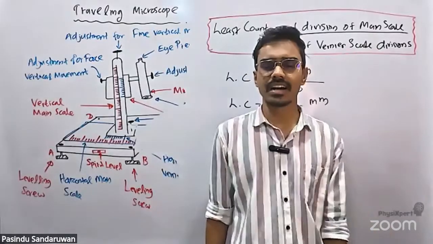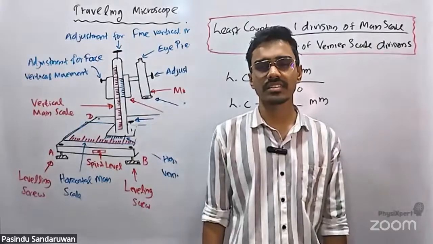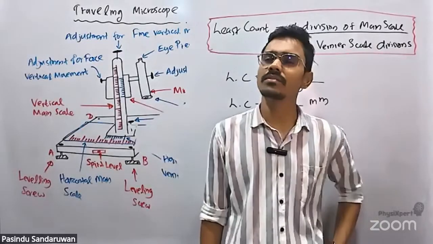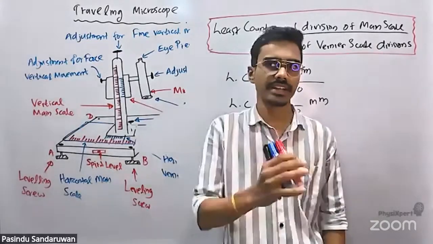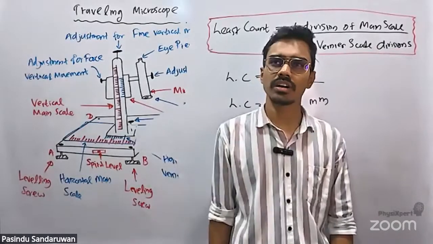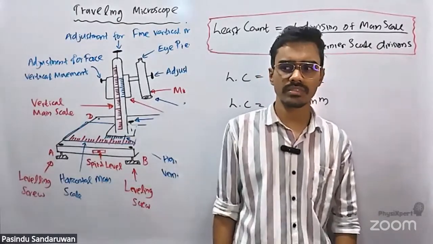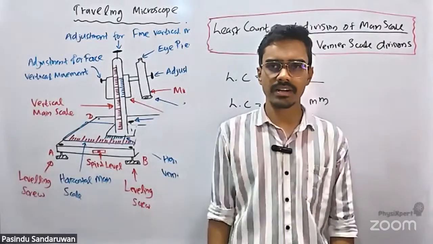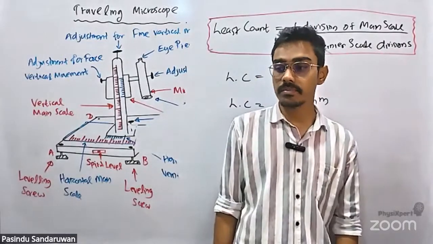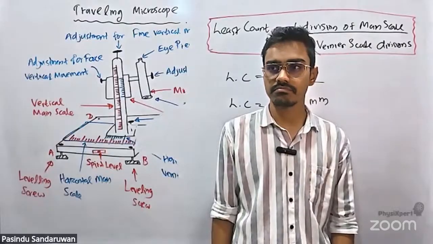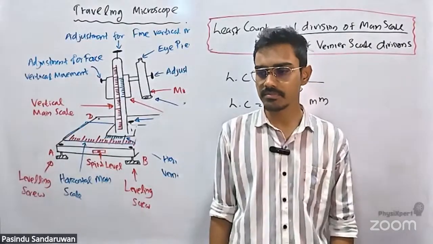Vernier calipers are around 2,000 to 3,000, and a micrometer screw gauge is around 3,000 to 5,000. Spirometers are around 2,000 to 4,000. So they are comparatively cheap, but traveling microscopes are very expensive, at least 4 lakhs. Right?